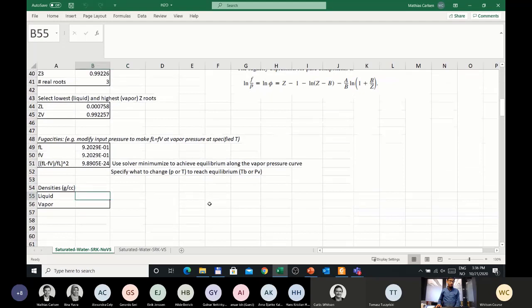And now if you want to calculate the densities, density is very simple. We can use PV equals NZRT. We know the roots, the Z factors for the liquid and the vapor phase.